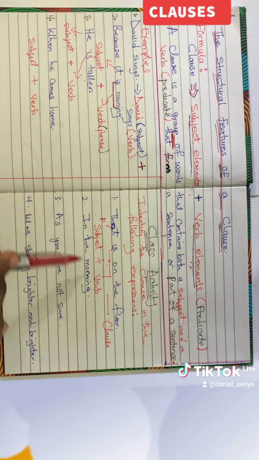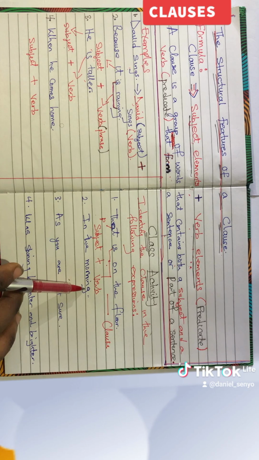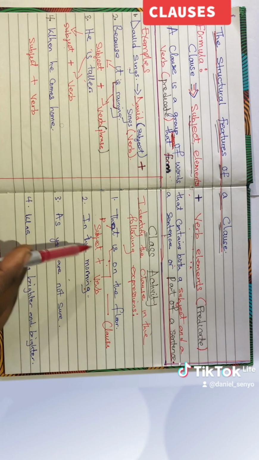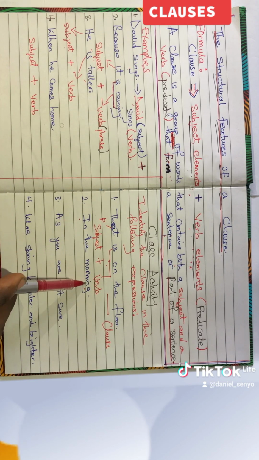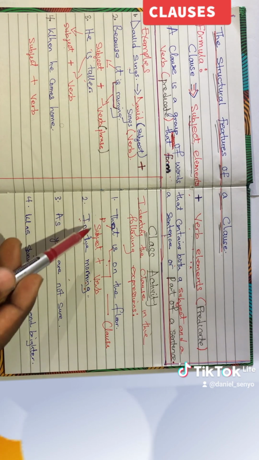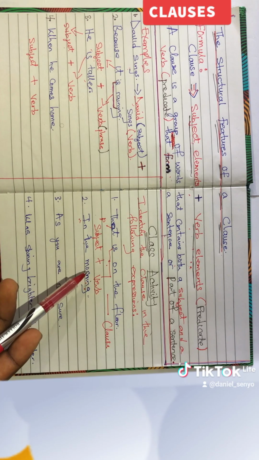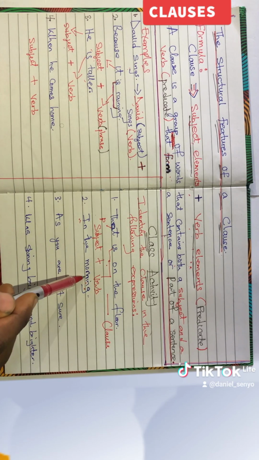Another item to look into again is: in the money. Okay, let's look at the elements that make up this expression. We have 'in', which is a preposition, then 'the', which is an article, then we have money.